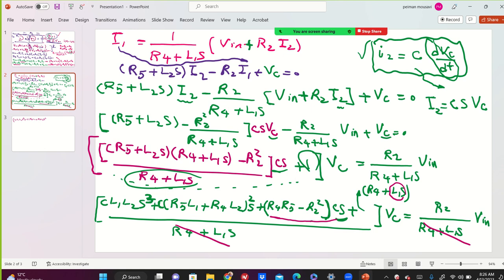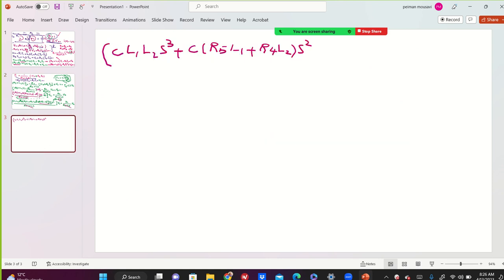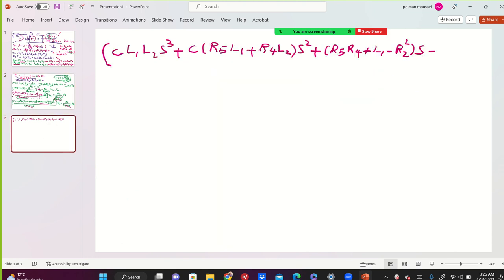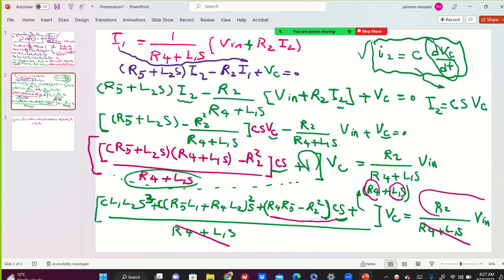R5 R4 minus R2 square plus L1. So you want to have R5 R4 plus L1 minus R2 square in S. See? And you have R4 plus R4 in VC equals to R2 Vin. Here we go.